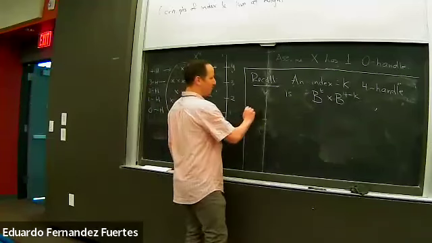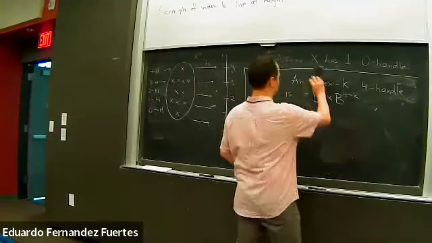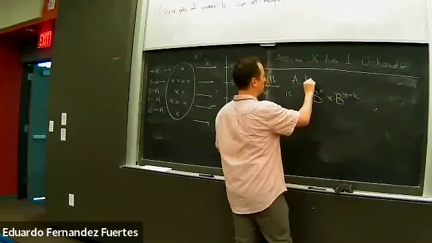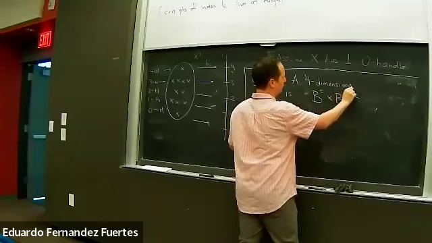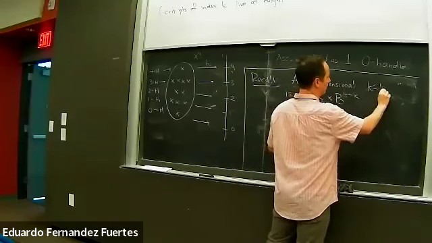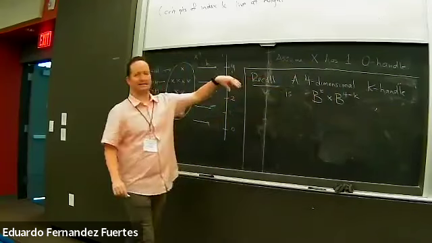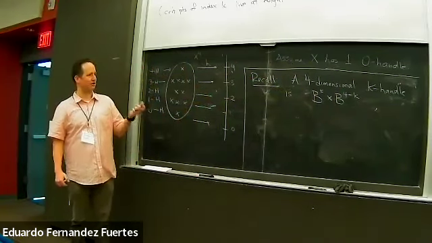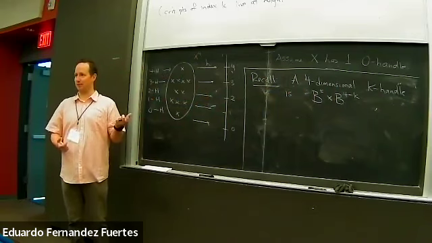So a 4-dimensional K handle, or another way of saying that, a four-dimensional index K handle. I mix those two terminologies. So a four-dimensional index K handle is a K-dimensional disk that we've thickened up to become four-dimensional.